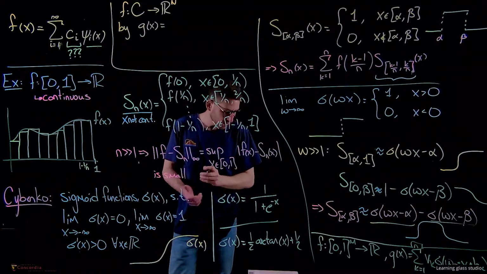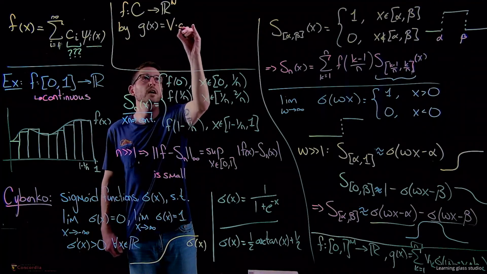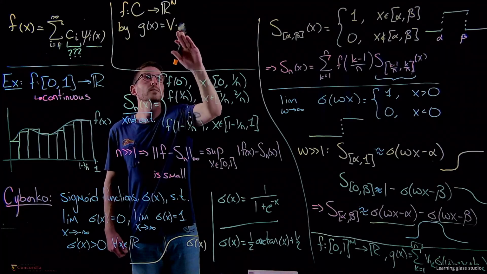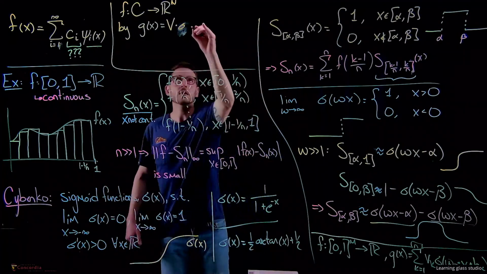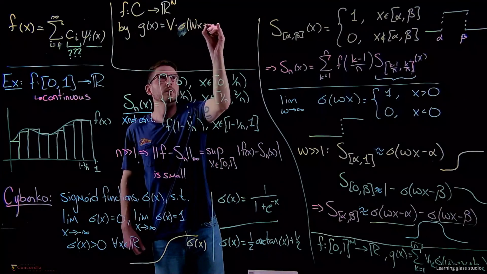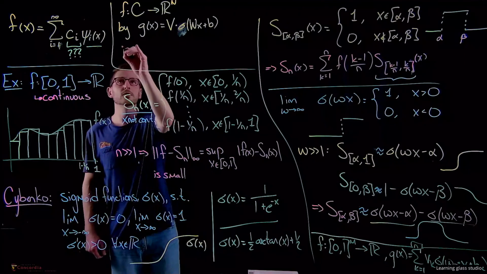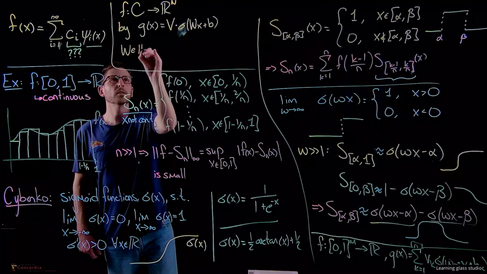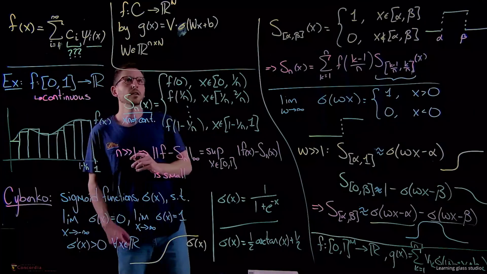And I'm going to do a thing that we do in machine learning here. V times, sorry, this should be sigma, of Wx plus b, where, okay, let's do W first. W is a little n by capital N matrix.